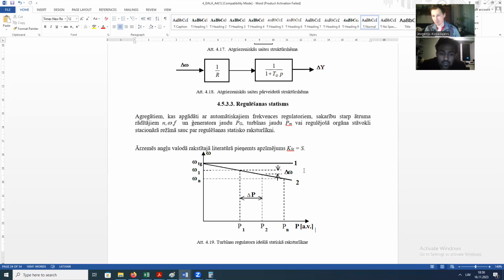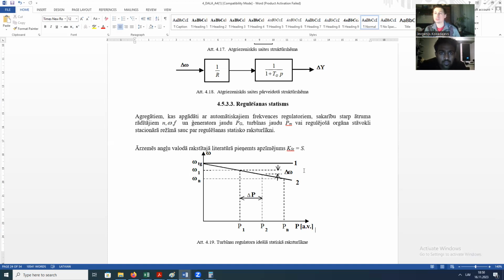So if you want to increase power, you should keep this reserve to be possible to increase power of production. In this case, we keep this reserve for regulation. It is approximately 3 to 7%. Basically, if we use a hydro generator, it's about 5%, plus minus. If we are talking about steam generators, CHPPs, it is about 3%.